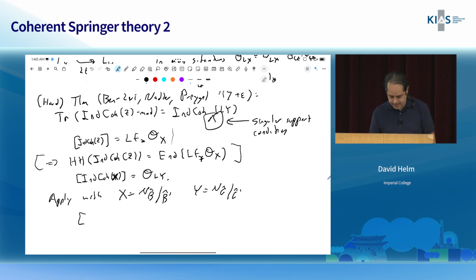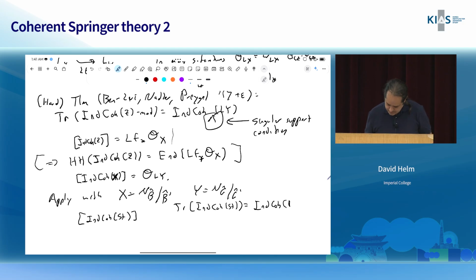And you see that what this is saying is that the categorical trace of INDCO Steinberg, I guess I should say first, the trace of INDCO Steinberg is exactly INDCO of Par 1G. As I said, technically one needs a lambda here, and if we were working with modular coefficients, that would matter, but in our case, it turns out it doesn't.